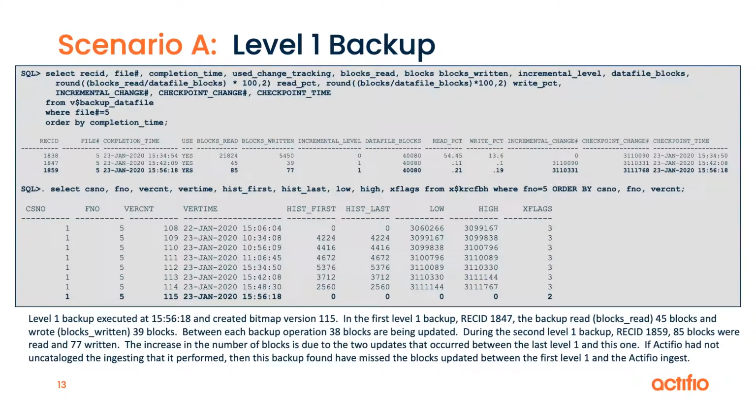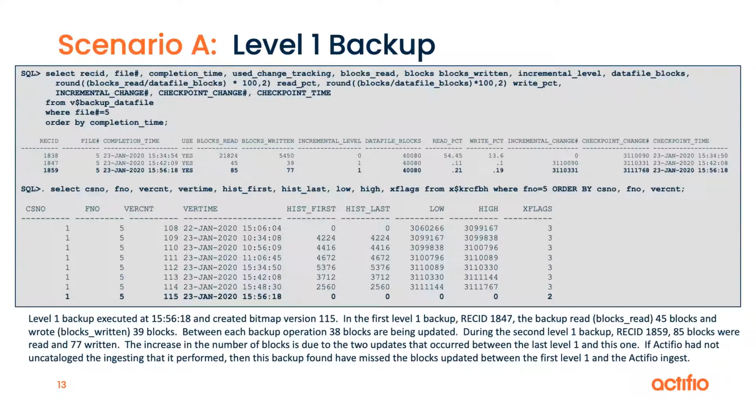So now we do the level 1. The level 1 comes in, and you see 1859 has been created. I read 85 blocks. Now remember, I'm doing about 38 blocks each time, so that's 76 blocks that actually changed. I read 85 because I'm reading in 32K chunks, remember?